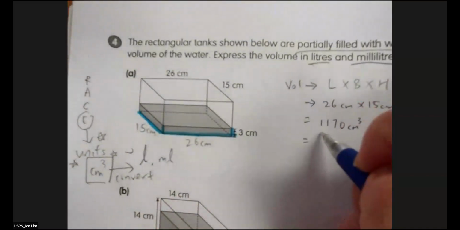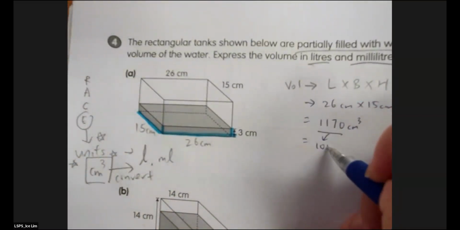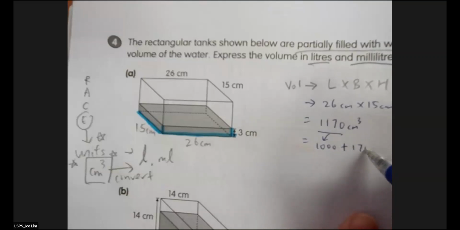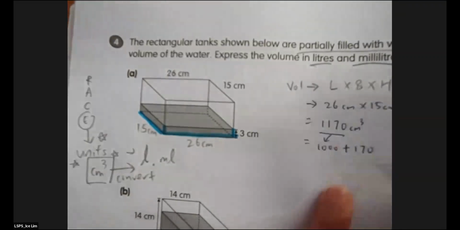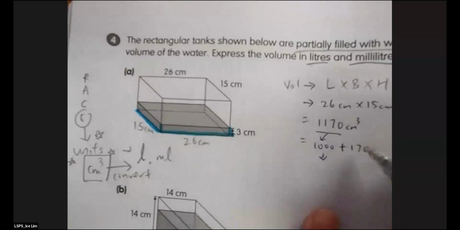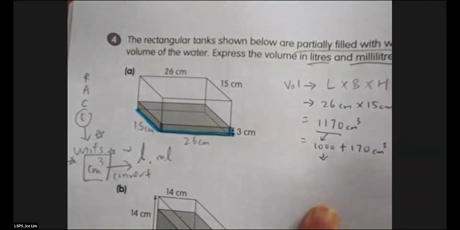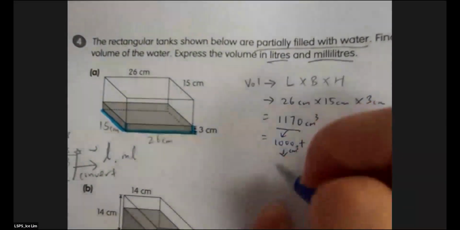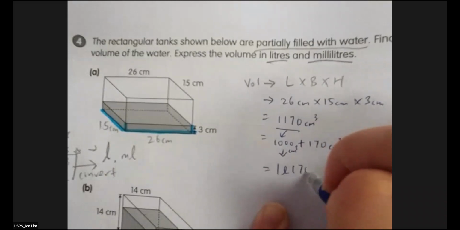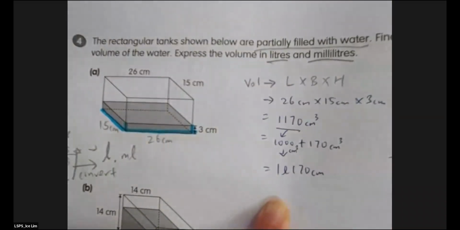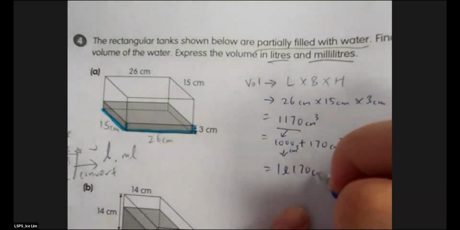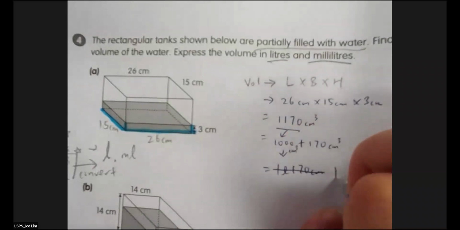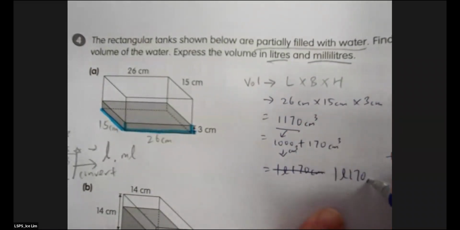So what I can do is break it down to 1000 plus 170. Okay, this 1000 cm³ can be equal to 1 liter, so it's 1 liter and 170 milliliters.